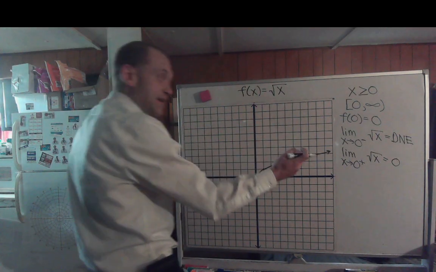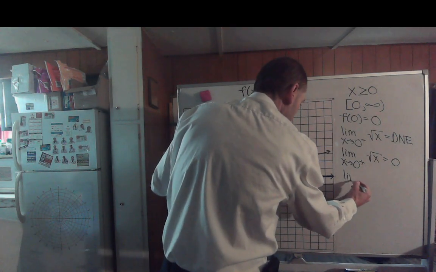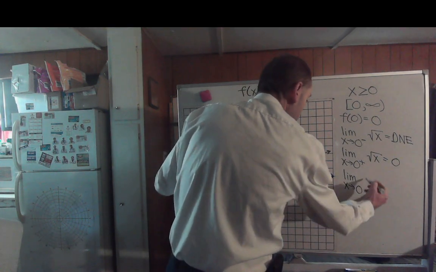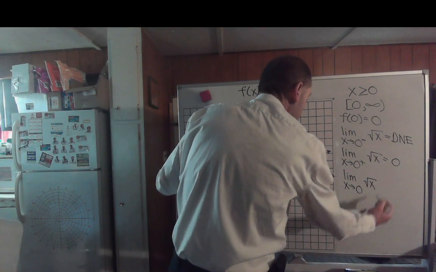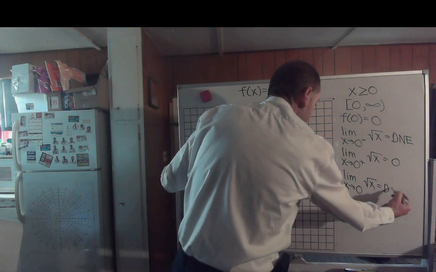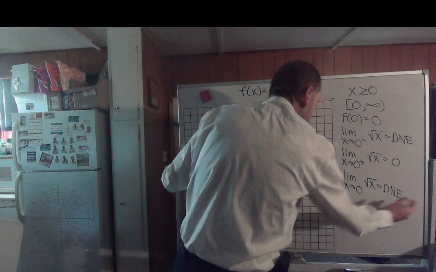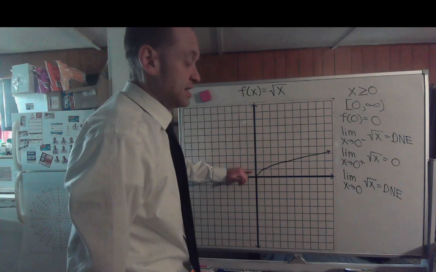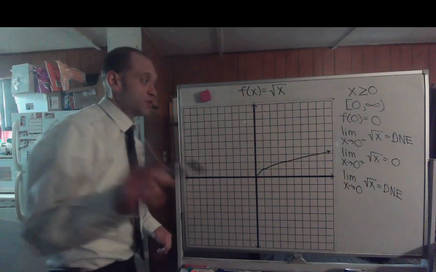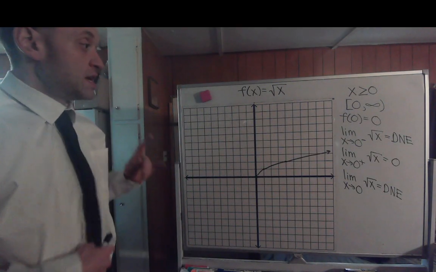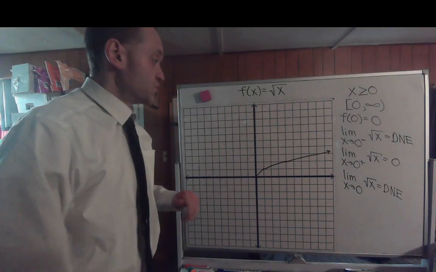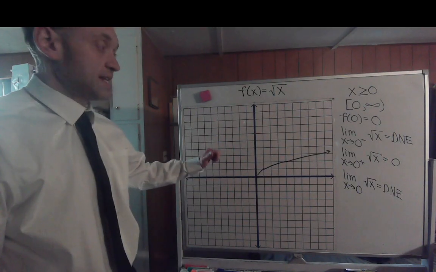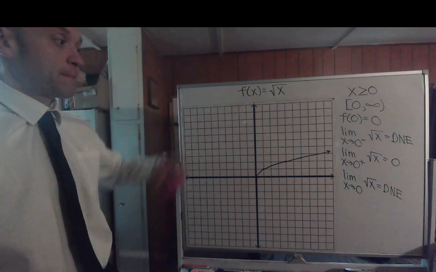But since the left-handed limit doesn't exist, the general limit as x approaches 0 does not exist, because you can't take a left-handed limit of it. So that's actually a trick there.